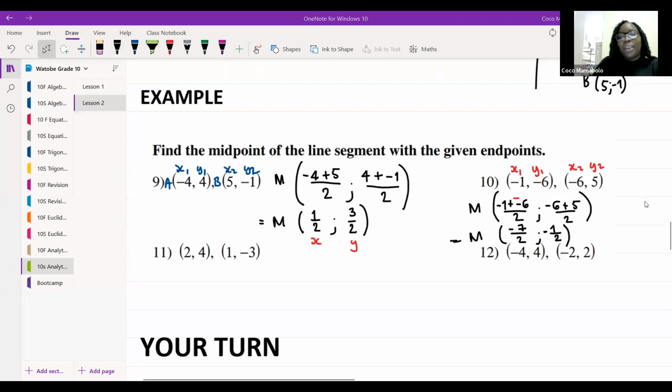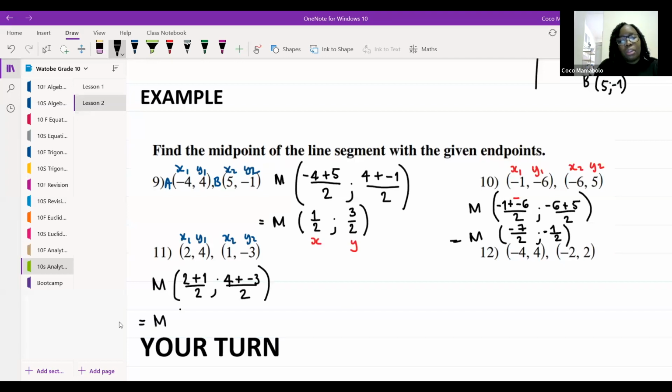I would like you guys to do number 11 with me here. All right, so I'm going to find the midpoint of these two points, name them again, x1, y1, x2, y2. So x1 is 2 plus x2, which is 1, over 2, comma, y1 is 4 plus y2, which is -3, over 2, close bracket, is equal to M, open brackets. 2 plus 1 is 3 over 2.